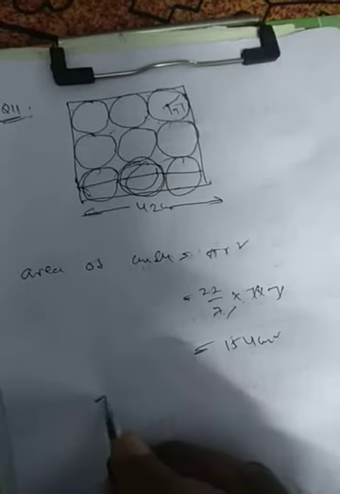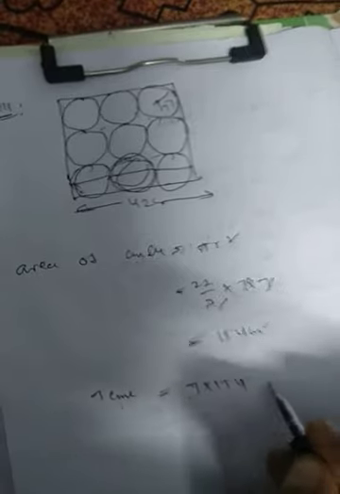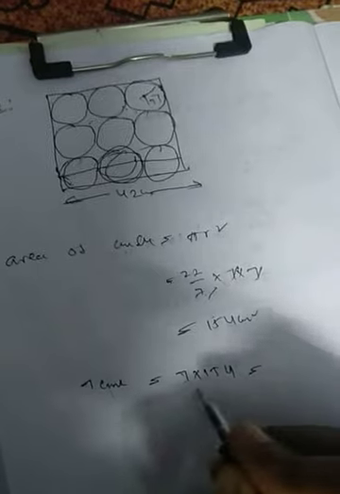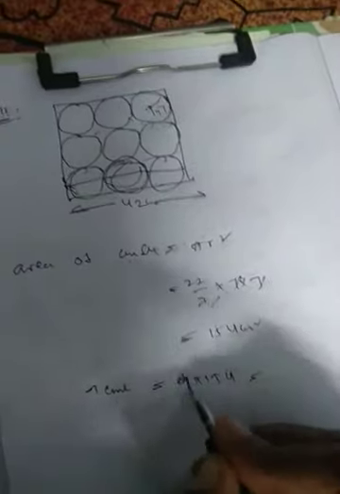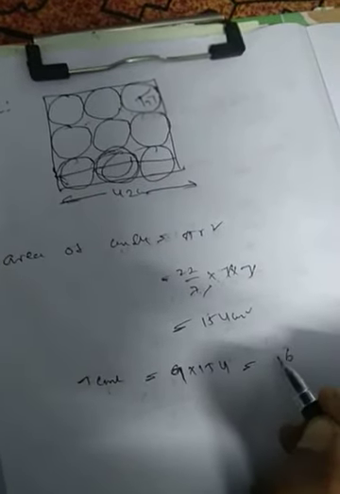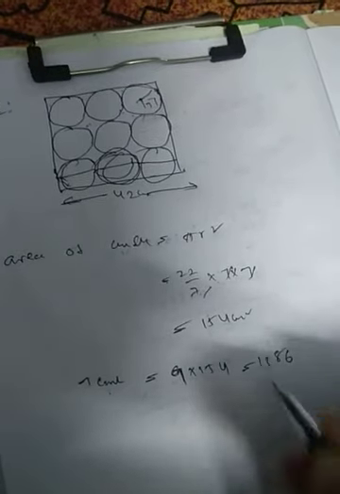Total how many circles? This will not be 7 here, 9 circles. 9 circles area is 9 into 154: 9 fours are 36, 9 fives are 45, plus 4 is 49, 9 ones are 9, 9 plus 4 is 13, 1386.